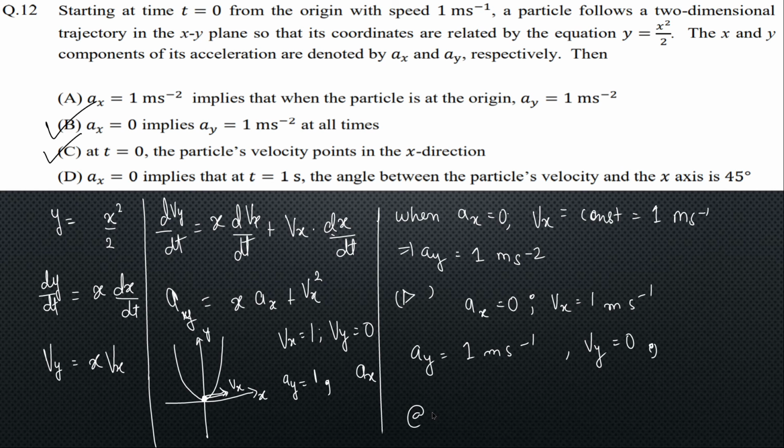At any time t, we have vy as ay into t, and at t equals to 1, I have vy equals to ay into t, that is 1, and vx is constant 1, so we can say tan theta is vy by vx.